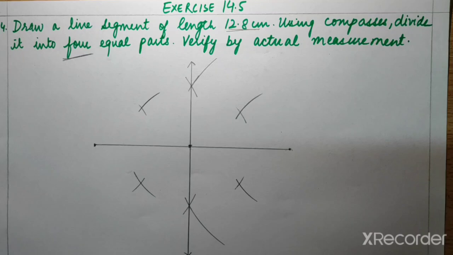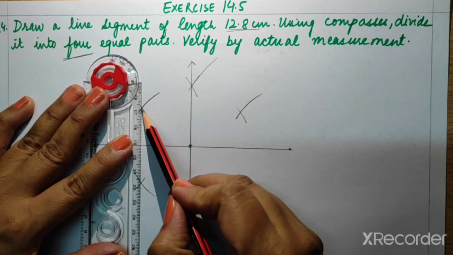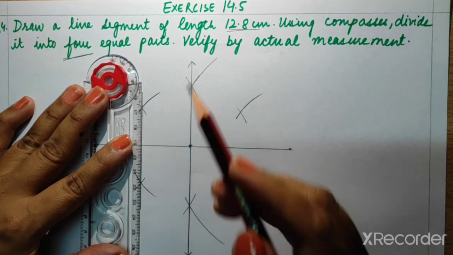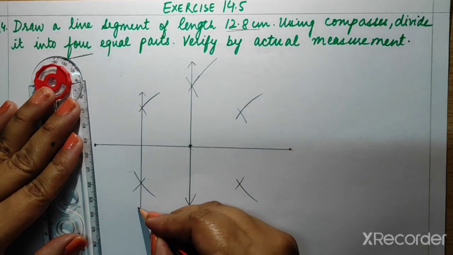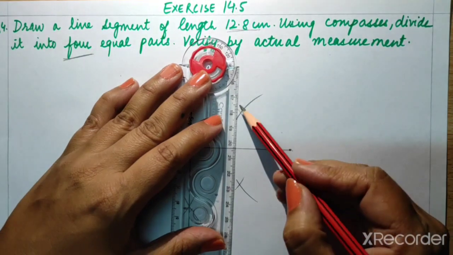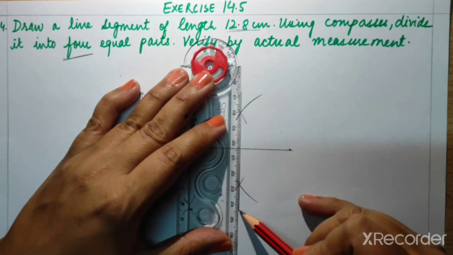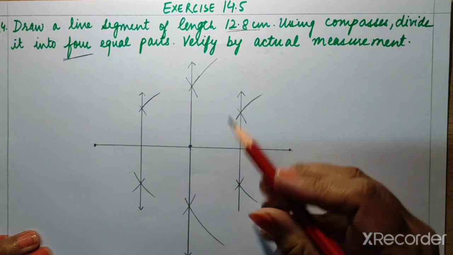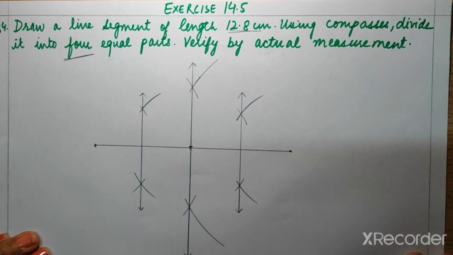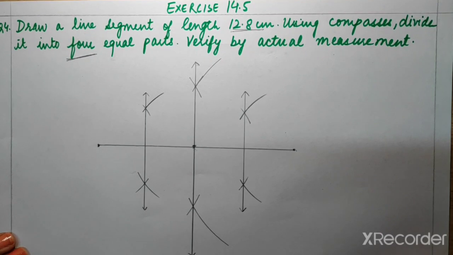Now we have to join the points where the two arcs were cutting each other. So this is the perpendicular bisector of this first half, and this is the perpendicular bisector of this second half, right? Now you can see your line segment has divided into 4 equal parts.